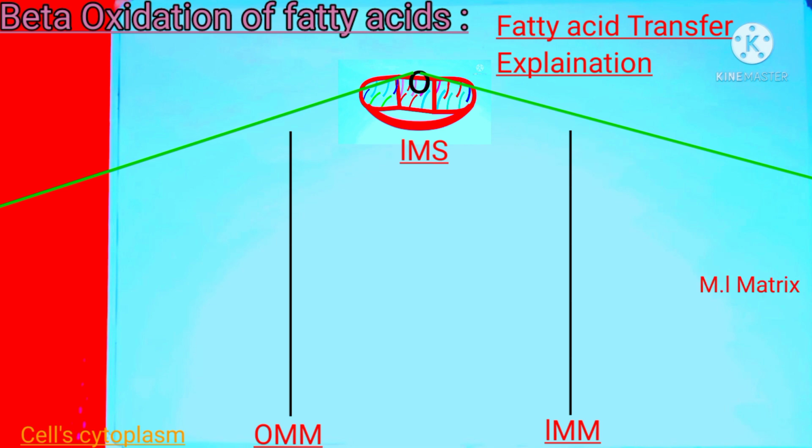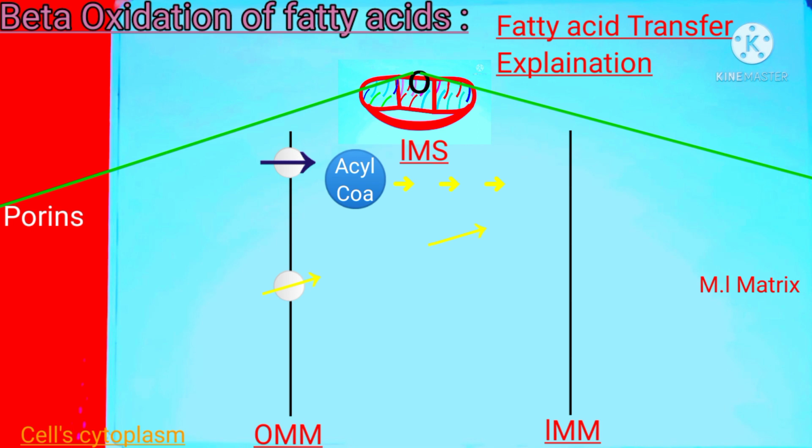The outer mitochondrial membrane contains little pore-like structures known as porins that make the outer mitochondrial membrane sufficiently permeable to different materials, including acyl CoA. So, acyl CoA can pass into the intermembrane space after passing through the outer mitochondrial membrane.